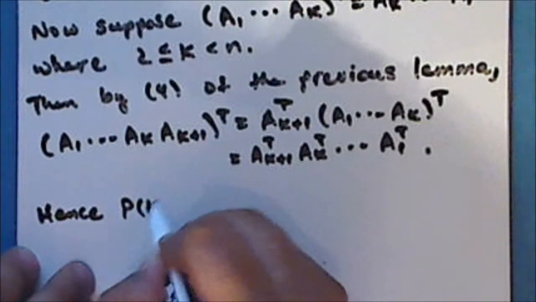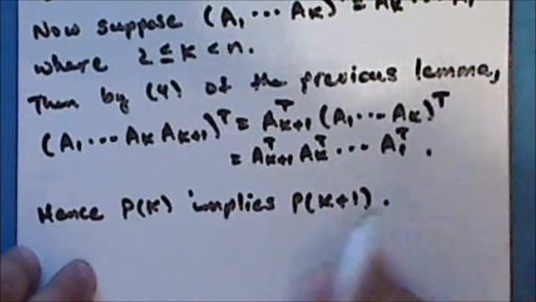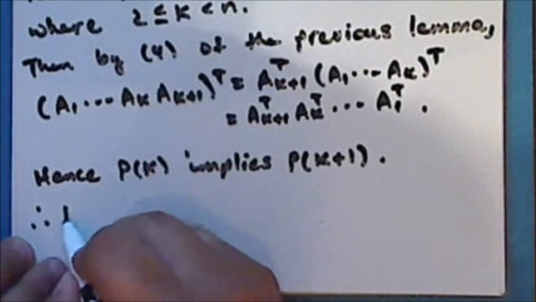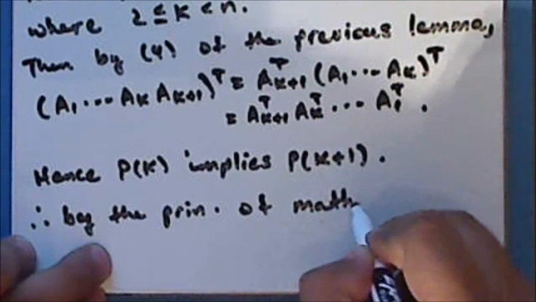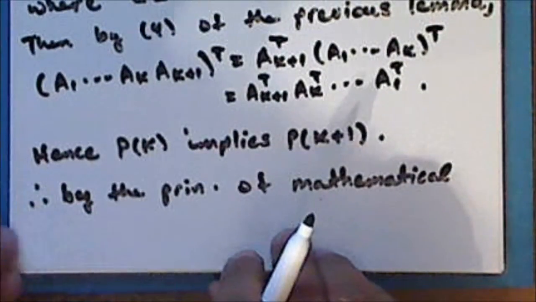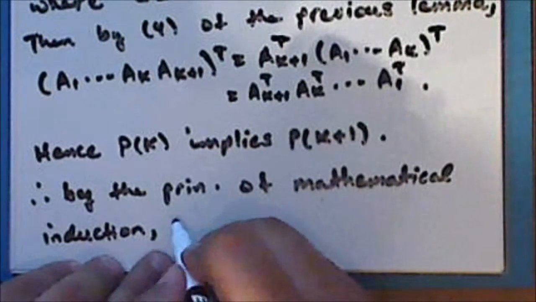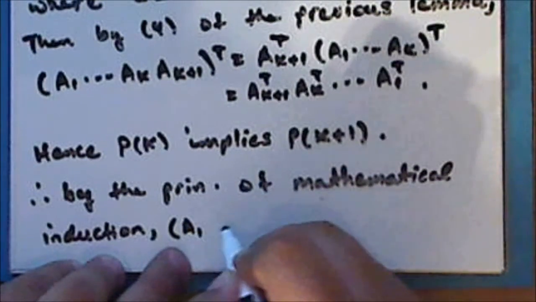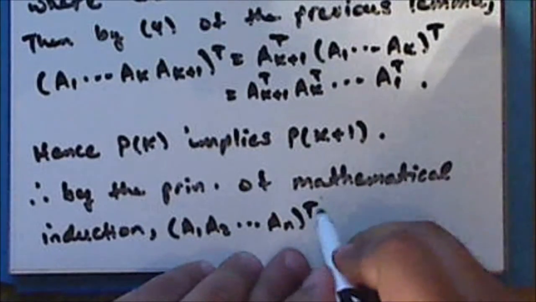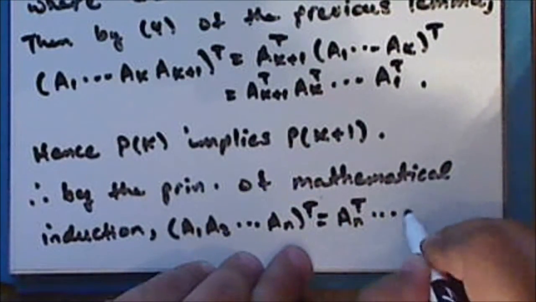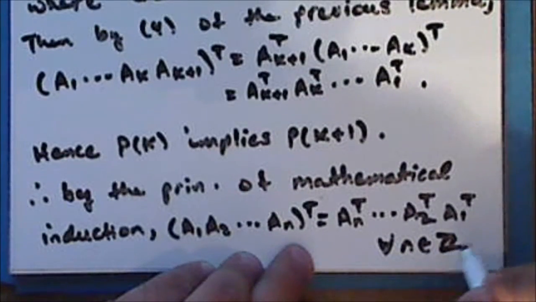And hence P of k implies P of k plus 1, and therefore, by the principle of mathematical induction, we have that the transpose of the product of n matrices is the product of the transposes in reverse order for any positive integer n.